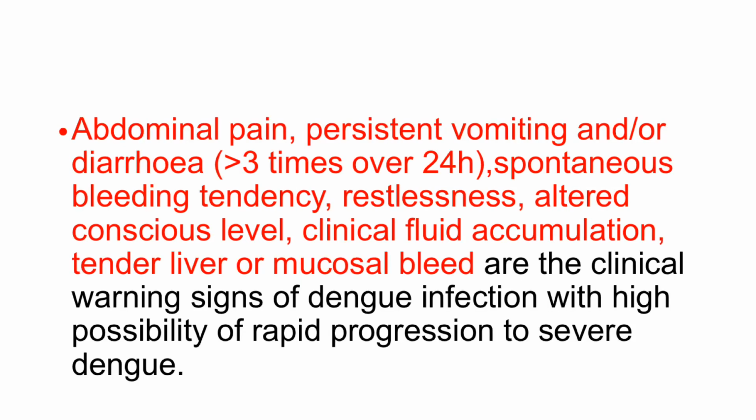Next. Be careful of the clinical warning signs of dengue infection, which are abdominal pain, persistent vomiting or diarrhea, which is more than 3 times in a day, restlessness, altered conscious level, clinical fluid accumulation, and when you palpate the abdomen of the patient, the result is a tender liver, or having a mucosal bleed.